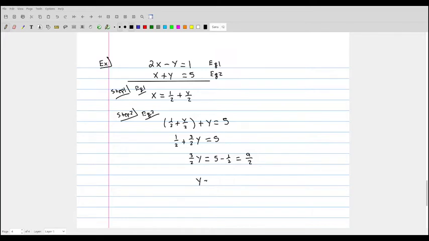And so y is equal to 9/2 times 2/3, or 9/3, which is probably more simply written as just 3. So y is equal to 3.